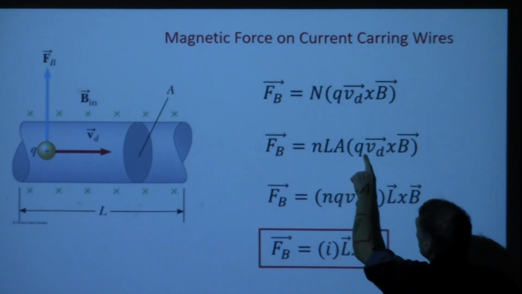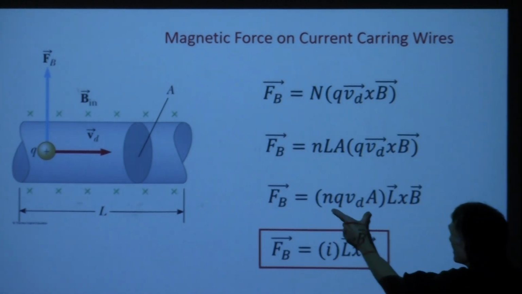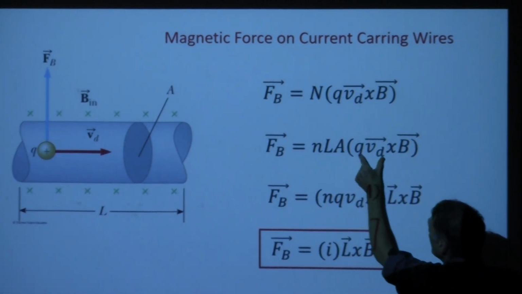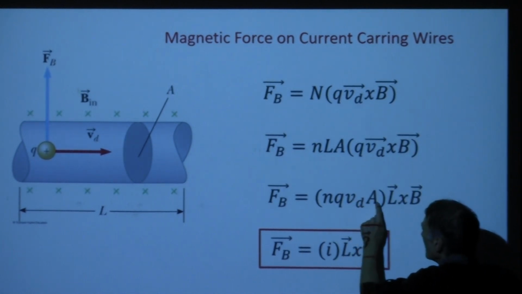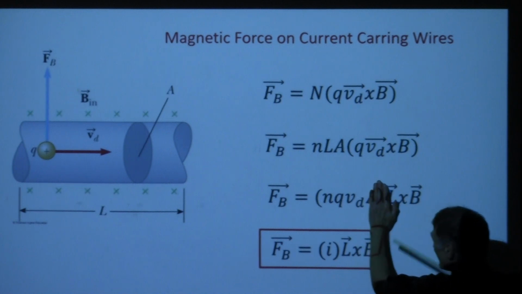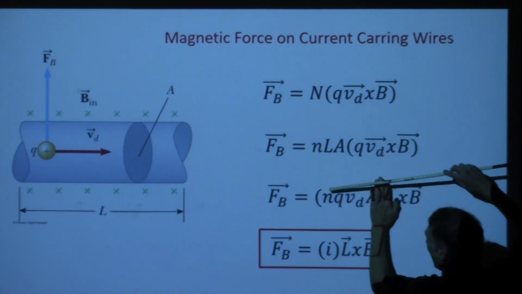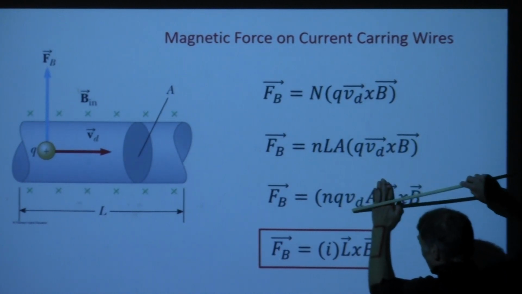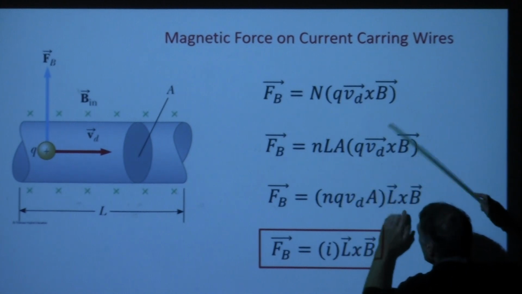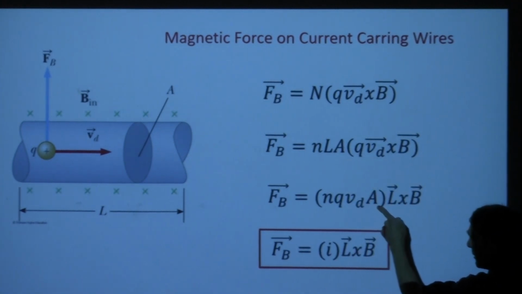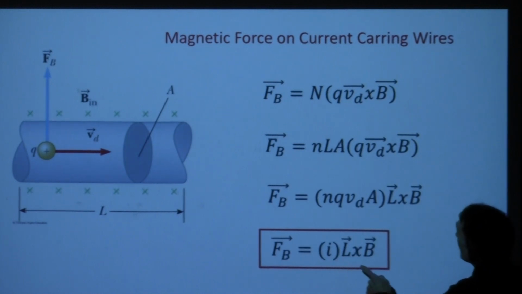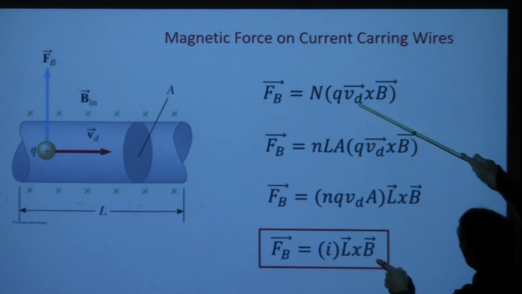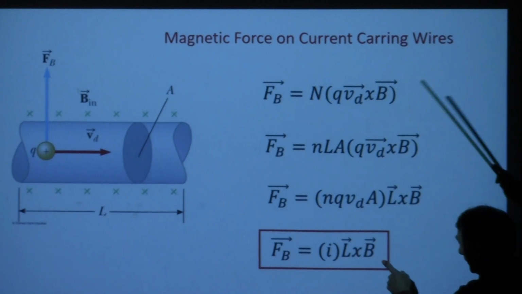And then also if we bring in q, we get this little combination here, n q v_d times the area. Now you might remember, or hopefully you remember, that the current density in the wire times the cross-sectional area would be the current in the wire.